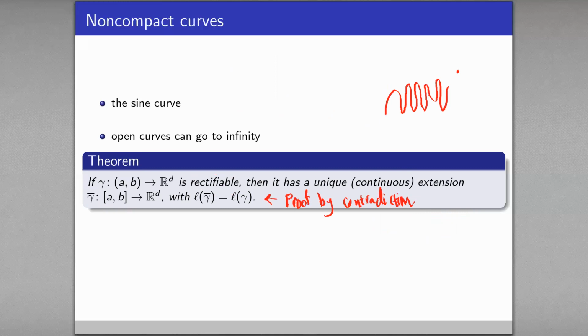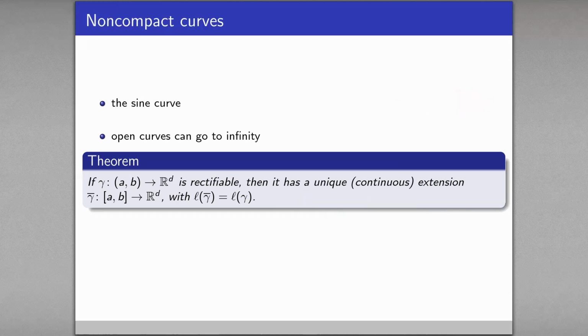You go from here, near here, and near here. They don't come together, which means there are always pairs with big distance, and then the length of gamma becomes infinity, because you can find arbitrarily many of these.